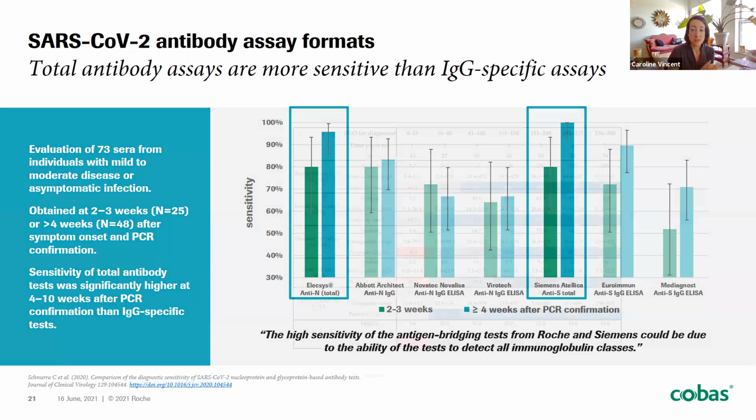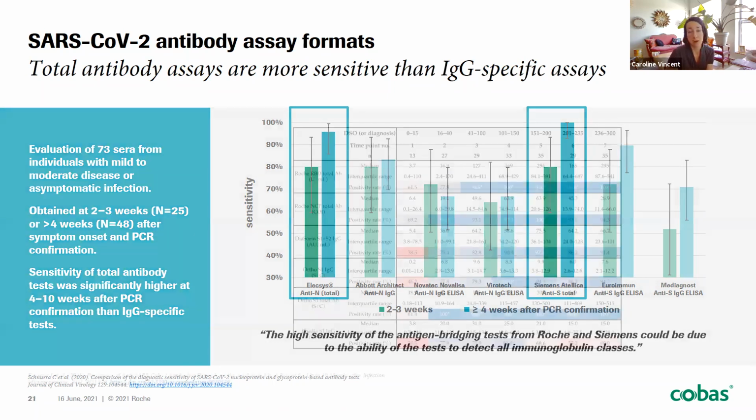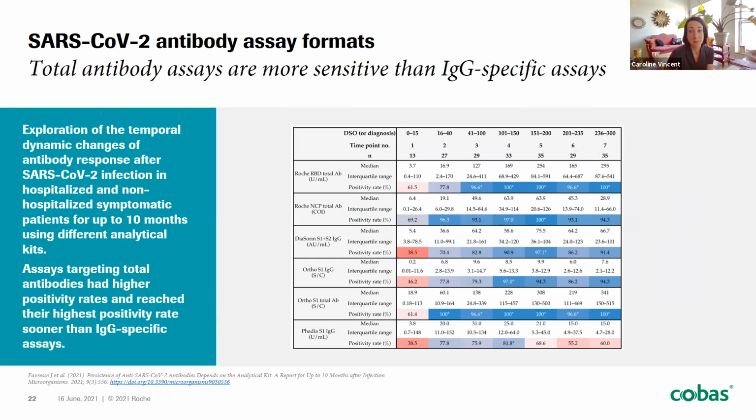In this other study, the authors used, again, various commercial antibody assays to explore, in this case, the temporal changes in antibody levels for a period of up to 10 months after COVID-19 in both hospitalized and non-hospitalized symptomatic patients.